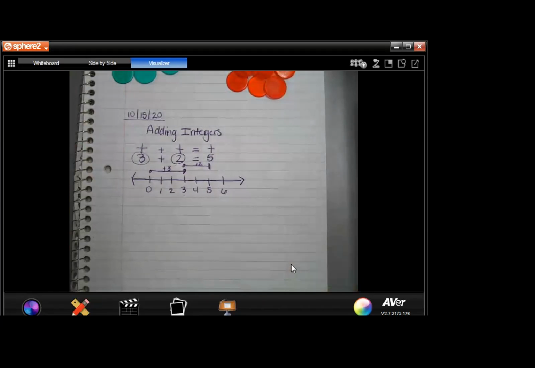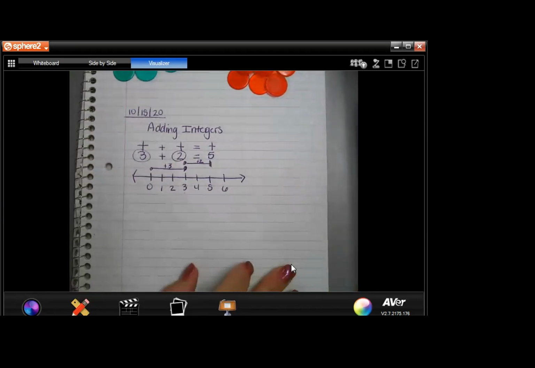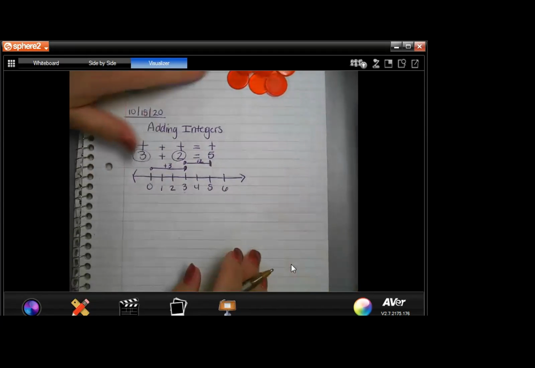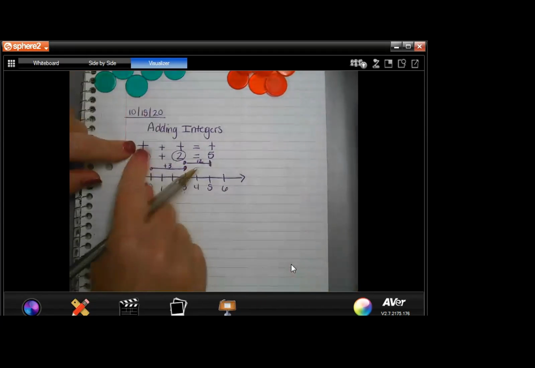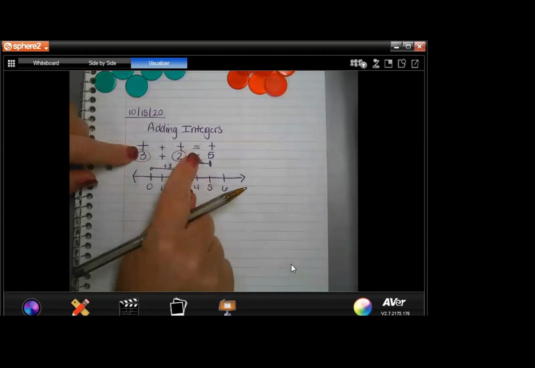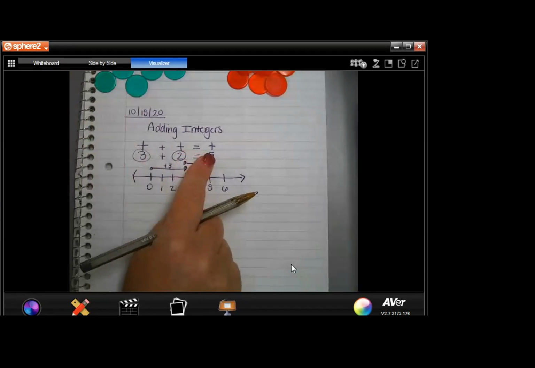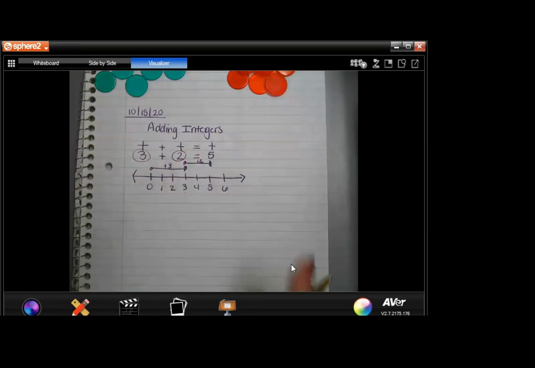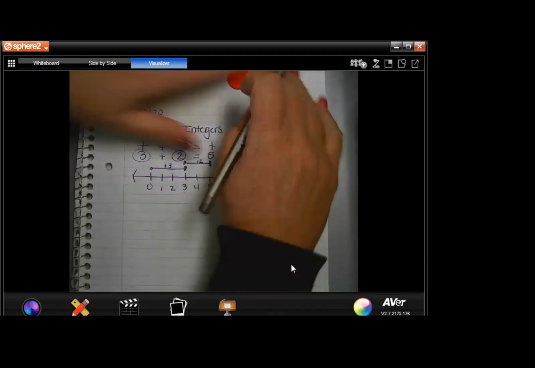Because some people are visual. Some people like to look at that visually. All right. So we know that whenever you add a positive and another positive number together, you will always get a positive result.